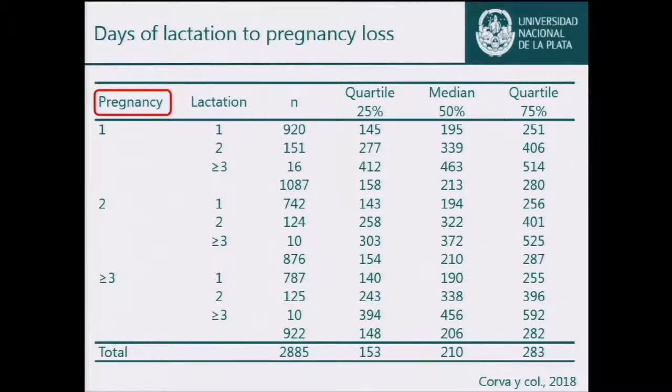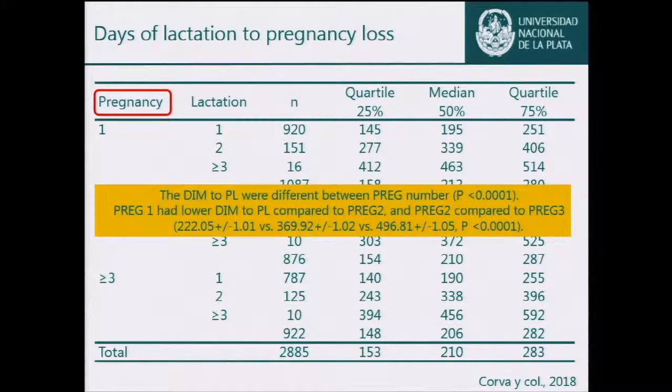And here when we look at the pregnancy number, we see that the days in milk to the pregnancy loss were different, and pregnancy 1 had lower days in milk to the pregnancy loss compared to pregnancy 2 and compared to pregnancy 3. So as the cows went on having more pregnancies, the pregnancy loss occurred a little bit later.